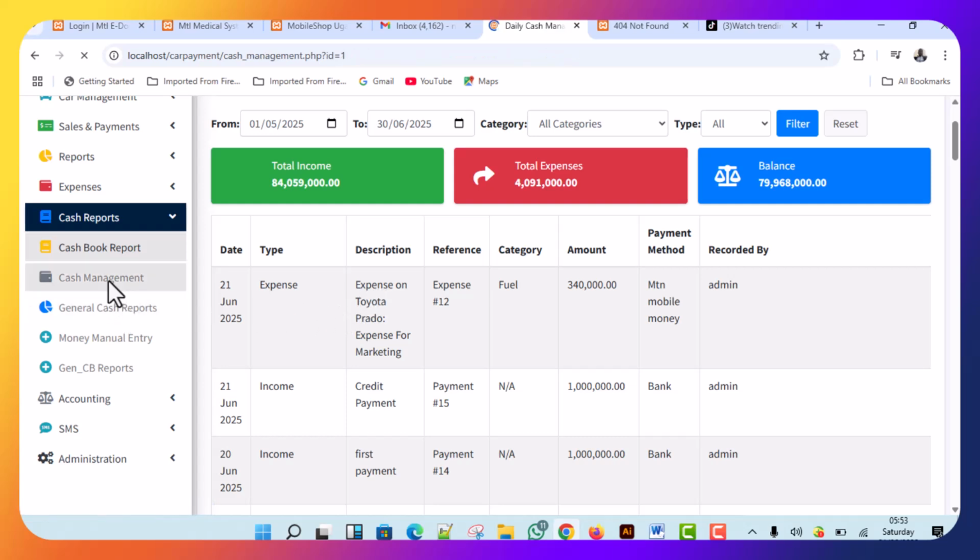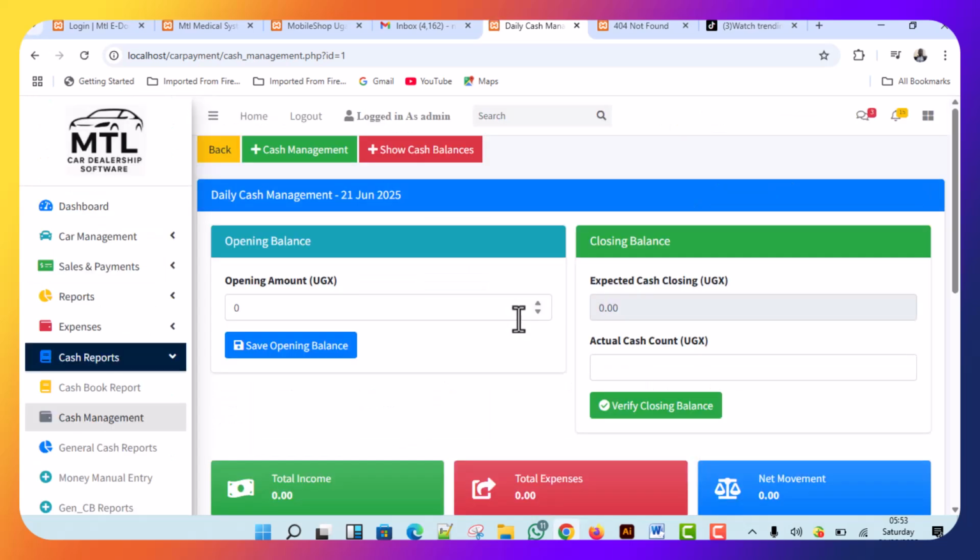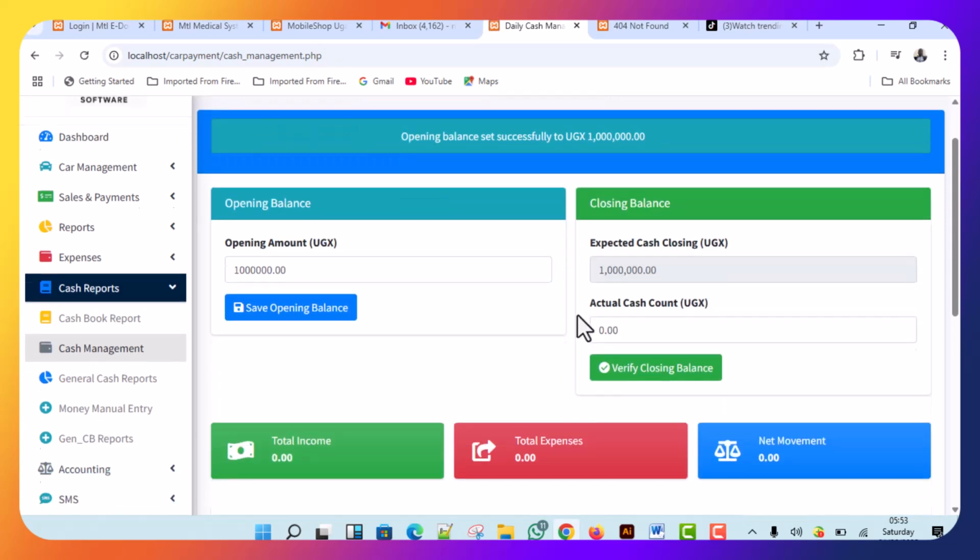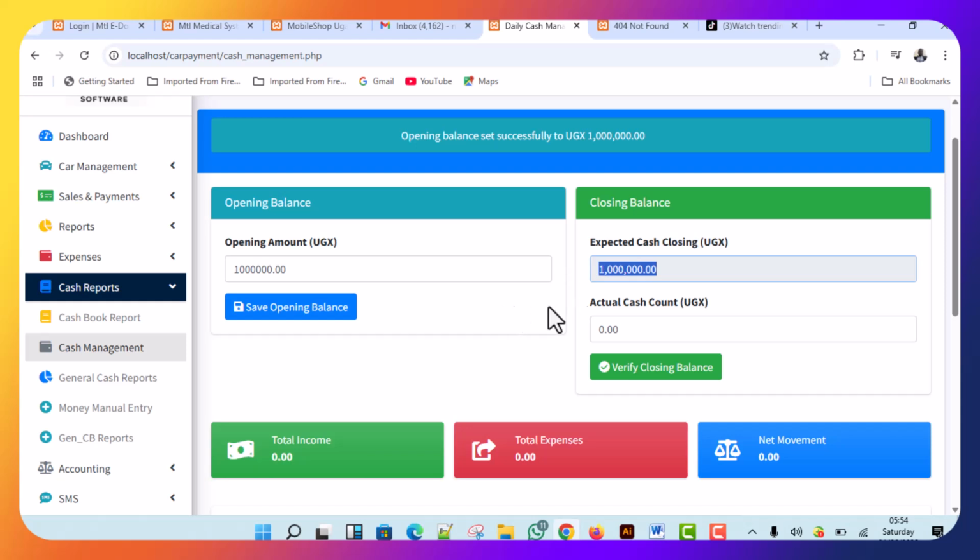Then cash management. This one shows you when you come in the morning and you have, let's say, 1 million in cash, you just need to register it for the day. If you have registered 1 million, that is the expected closing cash.